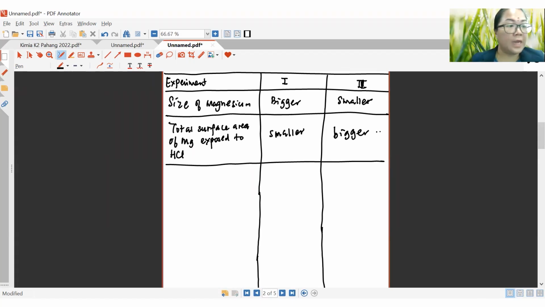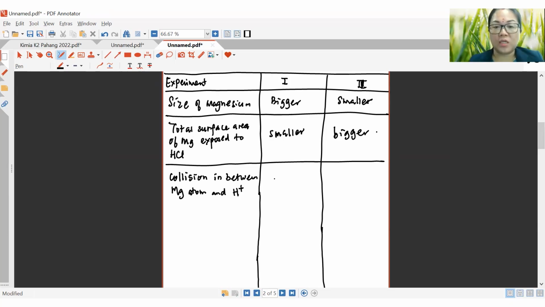Then, secondly, the collision in between magnesium atom and H plus ion. Our focus for acid in this case is more on the H plus, not the Cl.